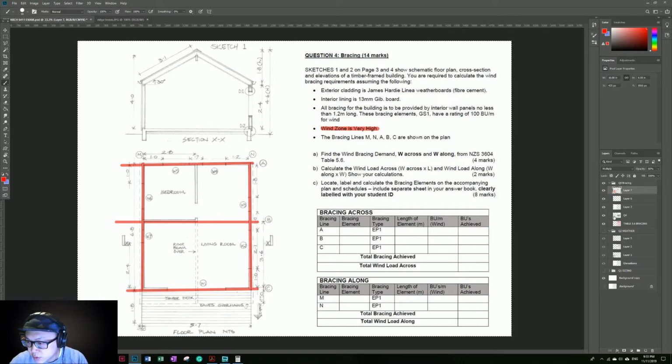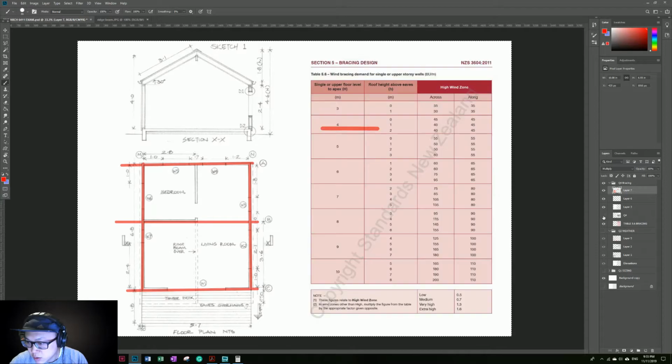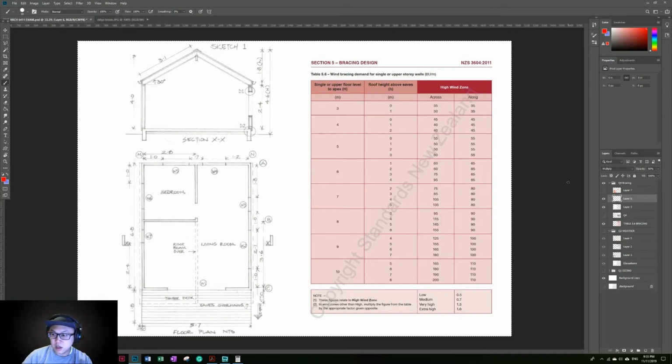So let's go to our table. Okay, so in our table, we need to have those values, the H and the small h. Usually it would be labeled on the sections. So that's the height of the building from ground to the apex, the top of the roof.